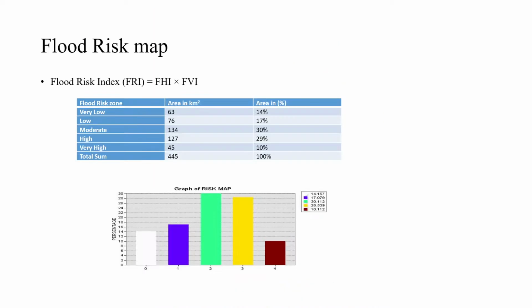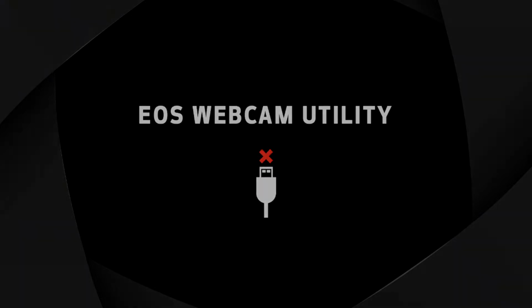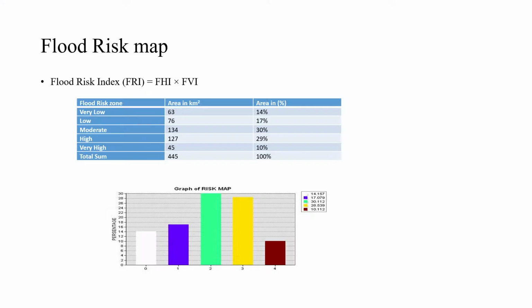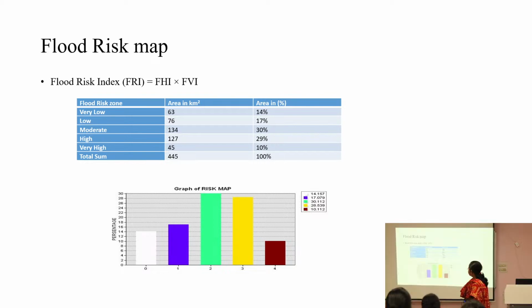You have the vulnerability map and the hazard map, now you combine both and derive the flood risk index, FRI, from FHI into FVI. Combining both, you have the different areas for the risk map, and convert it into area, presented in the bar chart also. In this bar chart you can see the risk areas from lower to higher, white to brown.